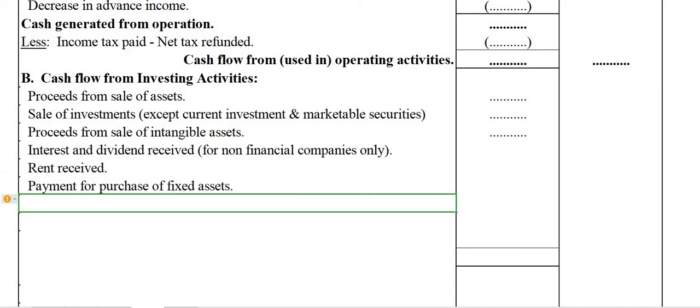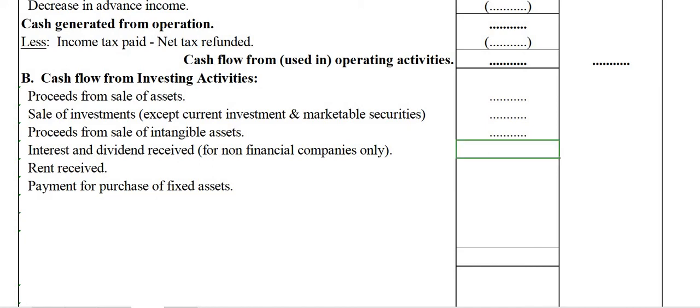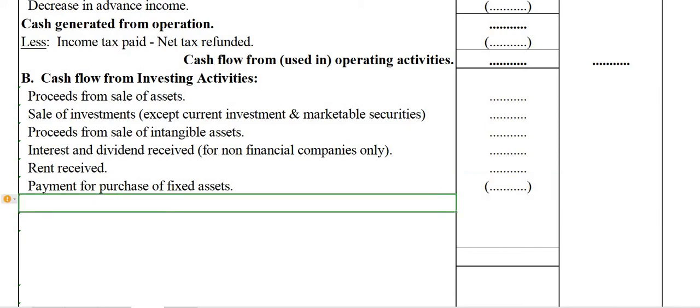And payment for purchase of fixed assets. So these assets which we have discussed are inflows of cash. Now comes the outflows of cash, that is, purchase of fixed assets. If we purchase a fixed asset, we have to spend money; cash goes out. Like that, the next one is payment for purchase of investments other than marketable securities.